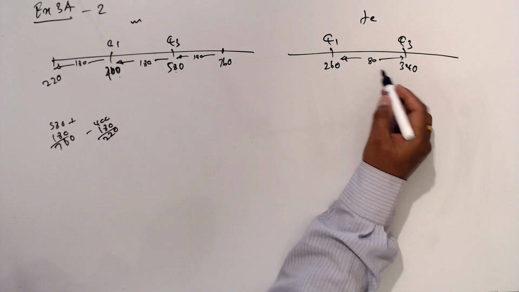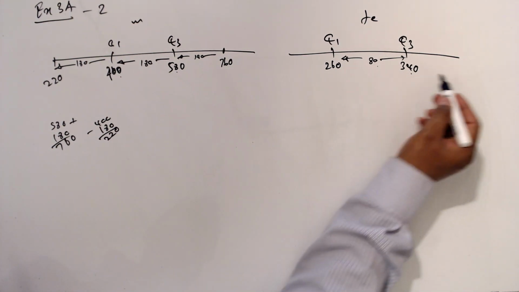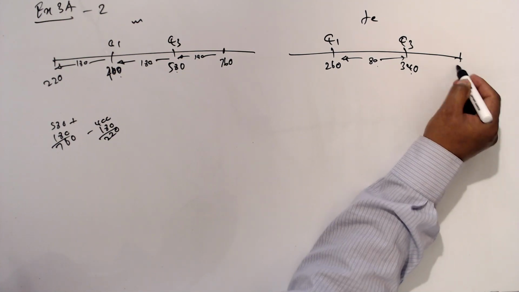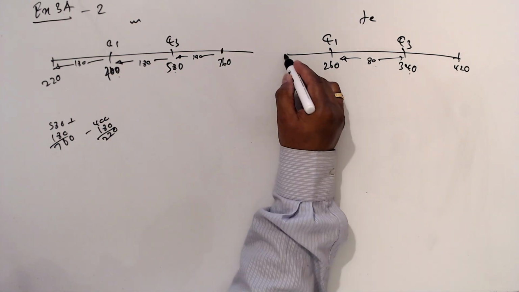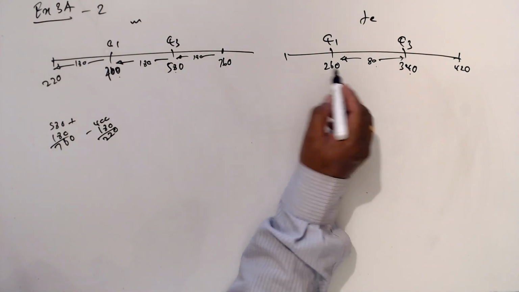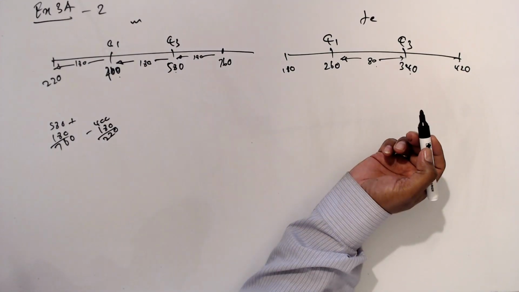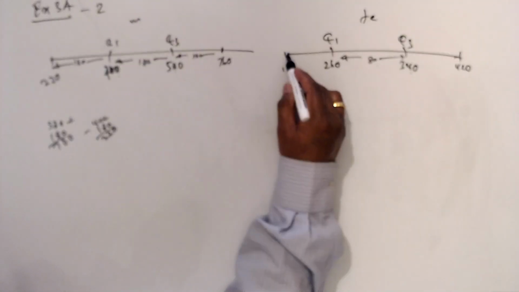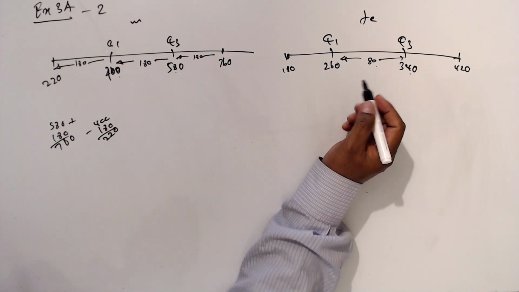For this one, 340 plus another 80, because 1 times it means 420. So 260 minus 80. So it is going to be 180. So this is for female.